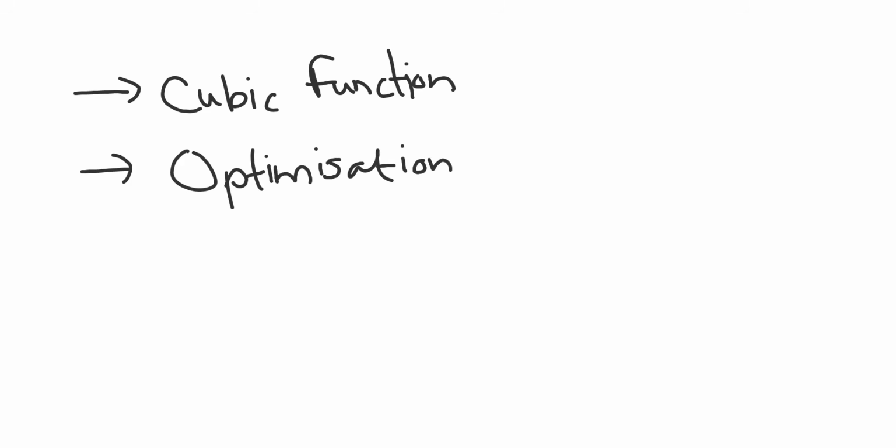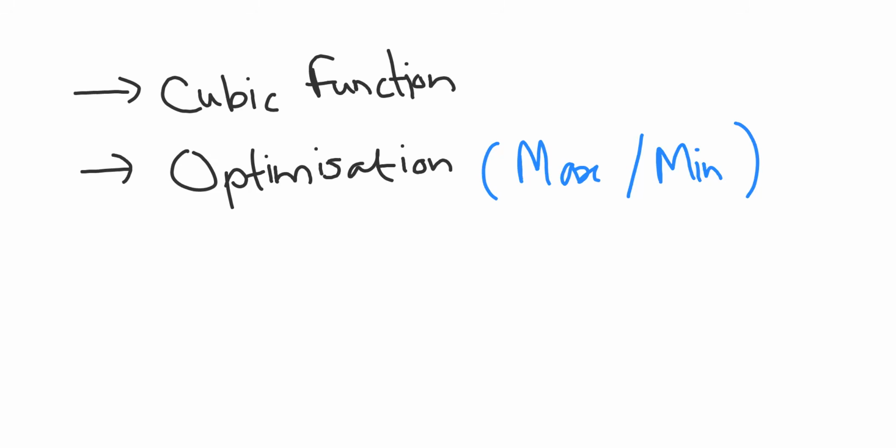And the reason optimization is thrown in there is because we try and work out maximum or minimum values, or maybe try and figure out a maximum position or a minimum position for whatever function or object you are looking at, whether it's finding the maximum area or volume or speed.